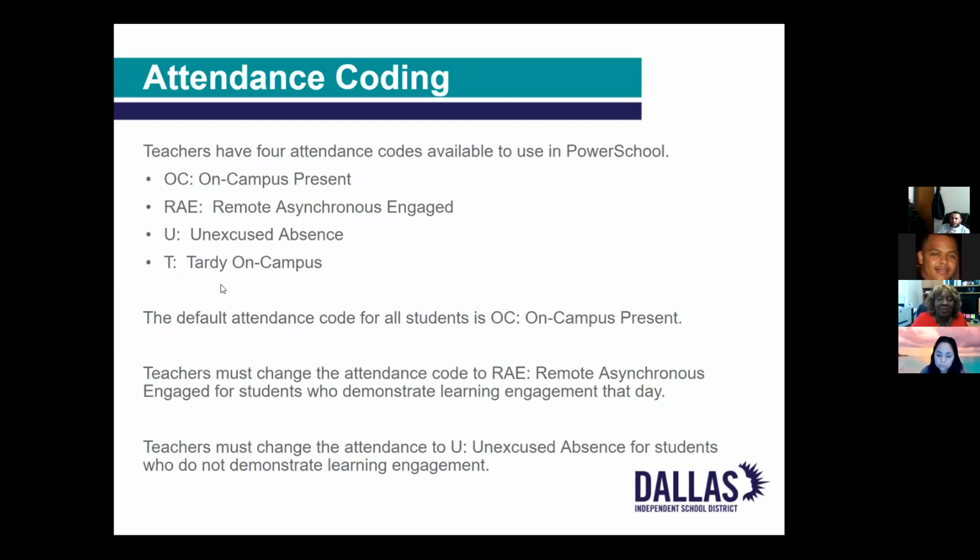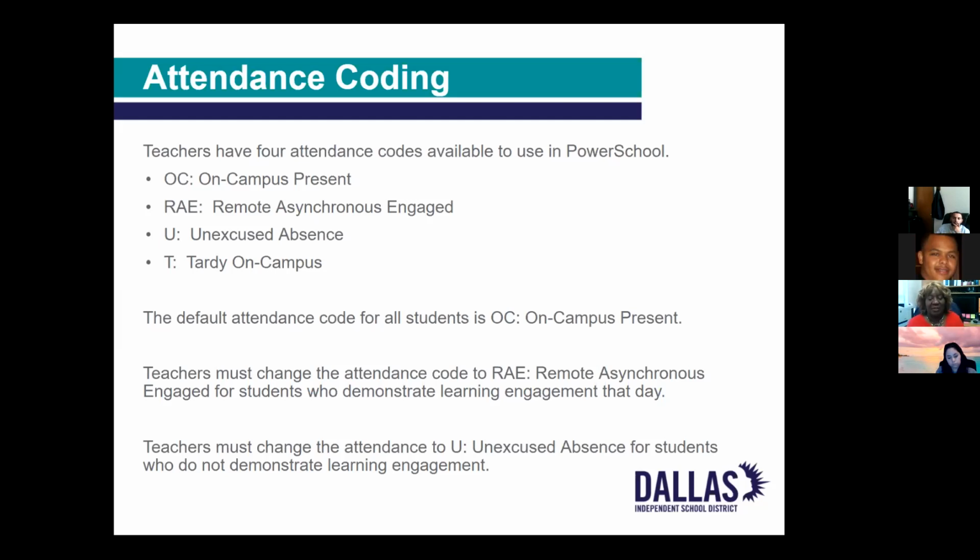So we know that we won't be using tardy on campus and we won't be using on-campus present at this time, right? So the default attendance code for our students is going to be on-campus present. So that means you can't do a blanket submit because that would mean that our kids are here, which would mean what? You didn't take your attendance correctly, right?